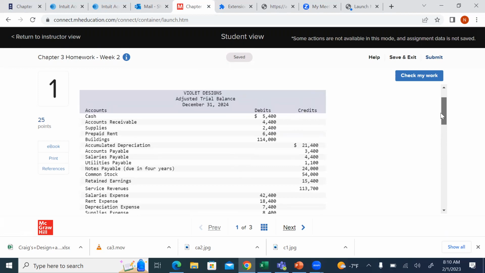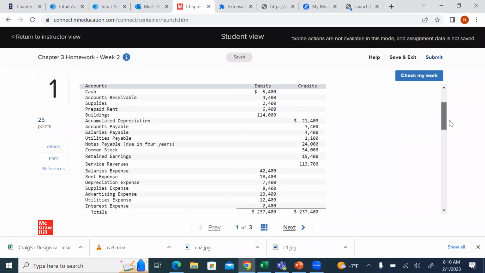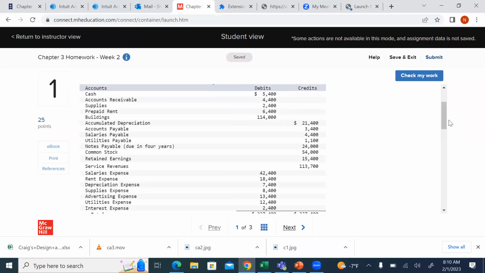So here is our adjusted trial balance. In order to complete an income statement, we're going to take our revenues and our expenses.